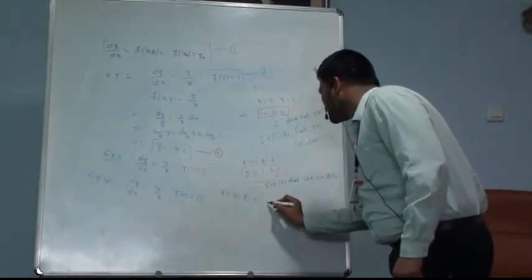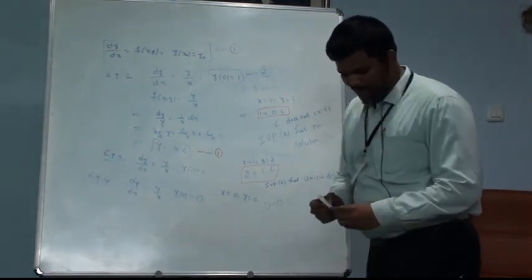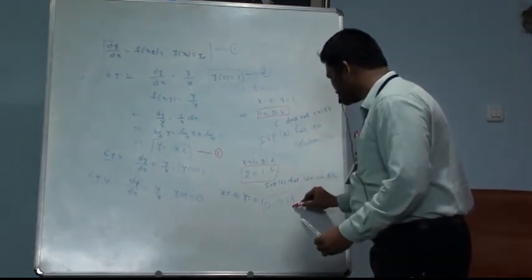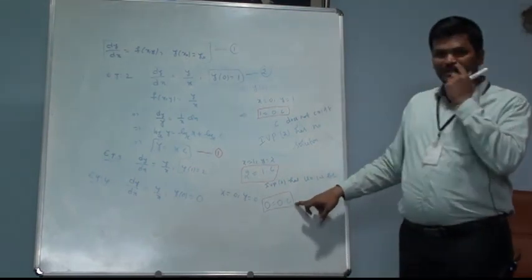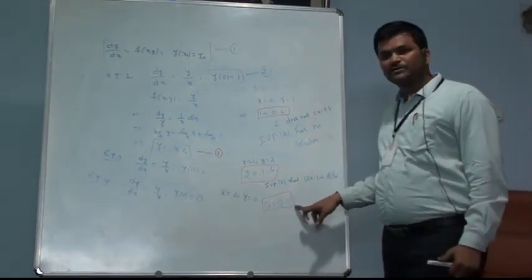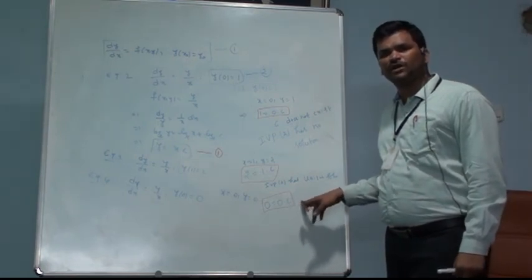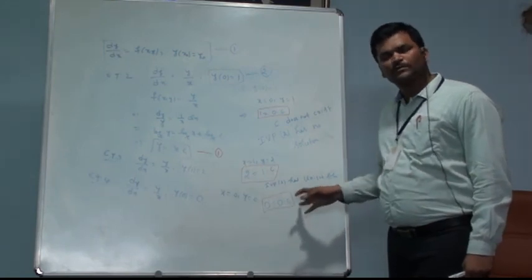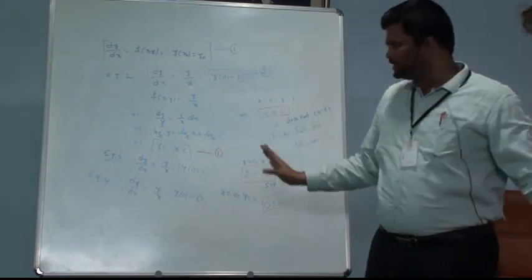So 0 is equal to 0 into c. Very, very important point. Now tell me, children, 0 is equal to 0 into c. For what value of c? Let us take c is equal to 1: 0 into 1 is 0. c is equal to 2, c is equal to 3, c is equal to minus 1. You can take any value for c.